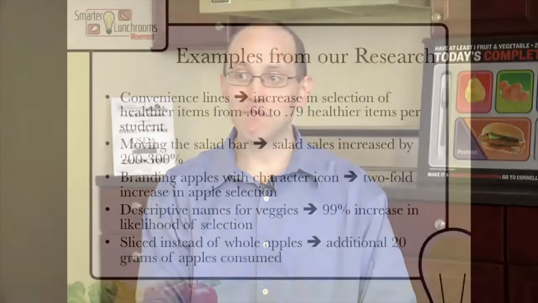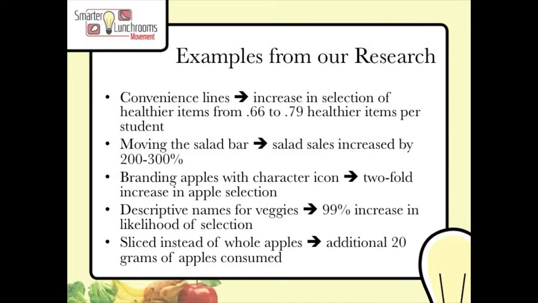Let me give you a few examples of data from our own research. As we collect data, we like to calculate averages, minimums, maximums, and percentages. And from our own evidence, we found, for example, that placing a convenience line, making healthier foods more convenient in a lunch line, increases the likelihood that students will take a healthier lunch by about 28%.